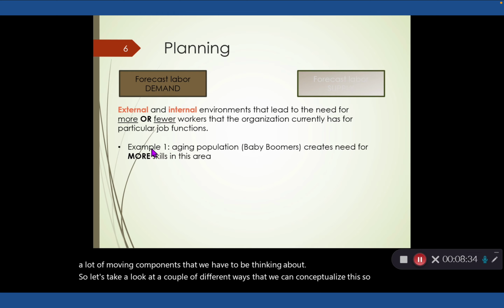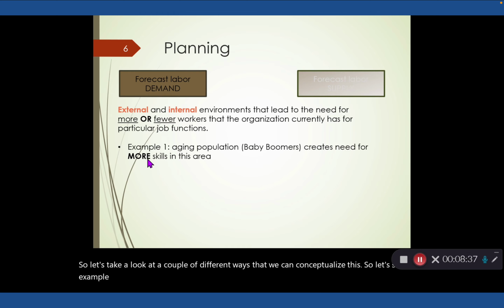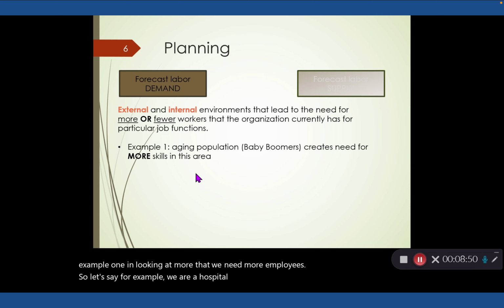So let's say, example one, where we need more employees. Let's say we are a hospital, or an assisted living facility. So we're a hospital, we're like a level 1 hospital, and we have all of the different types of services that a hospital will have.